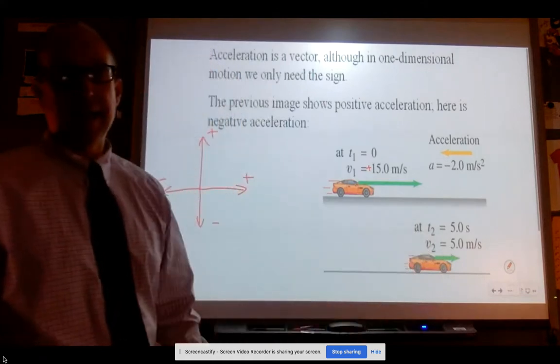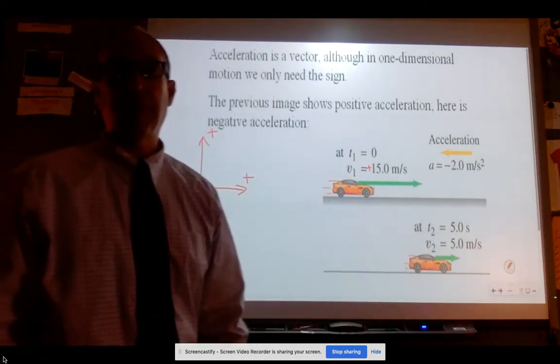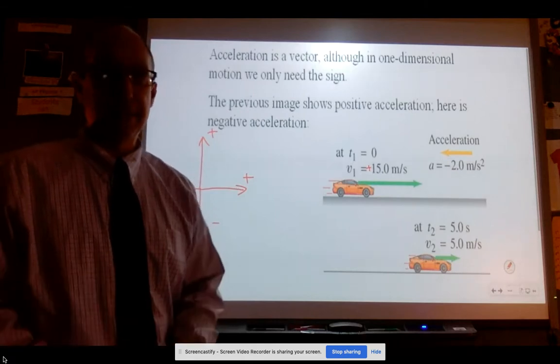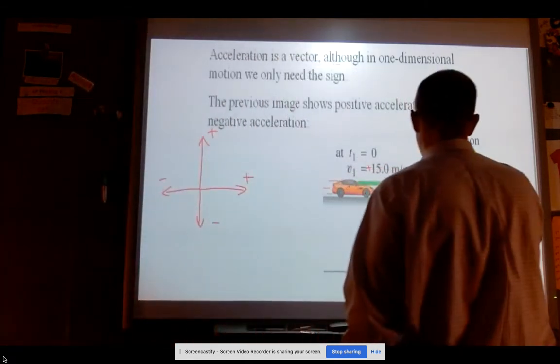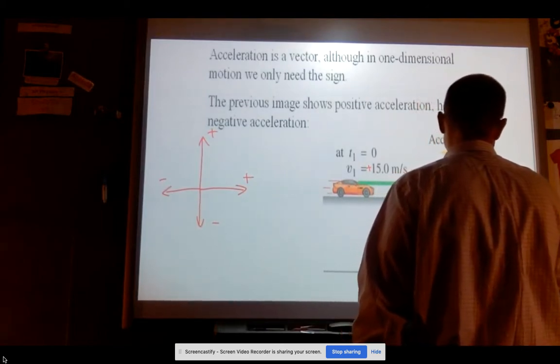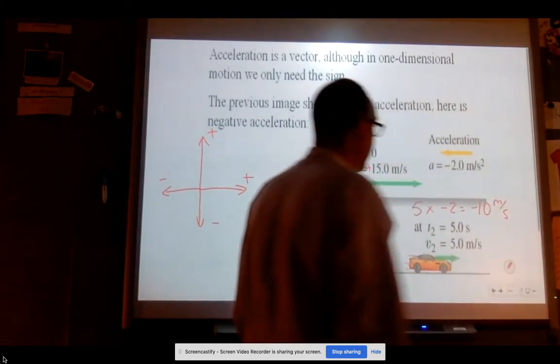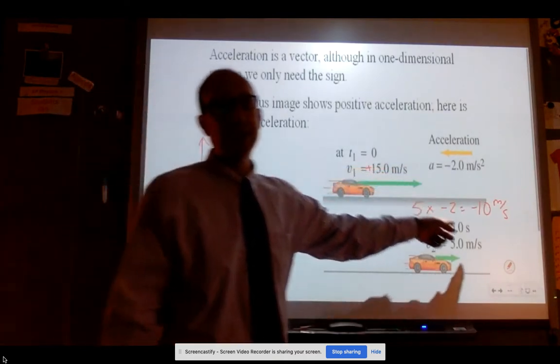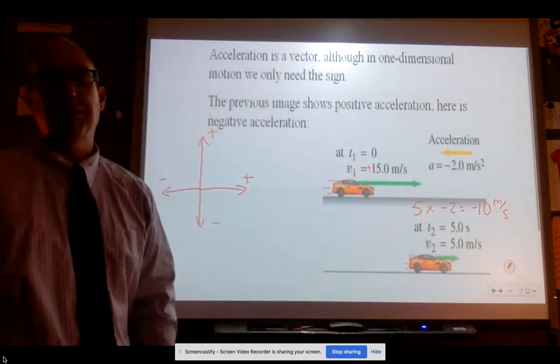Well, they're saying that it's going to happen for 5 seconds. So for 5 seconds, it's going to decrease by 2 meters per second every second. And so you're going to have 5 times -2. So it's going to decrease by 10 meters per second. So whereas it was going at 15, it has lost 10, it's down to 5.